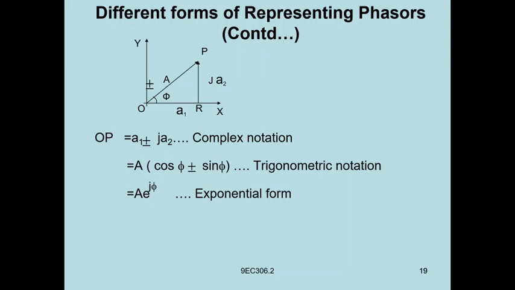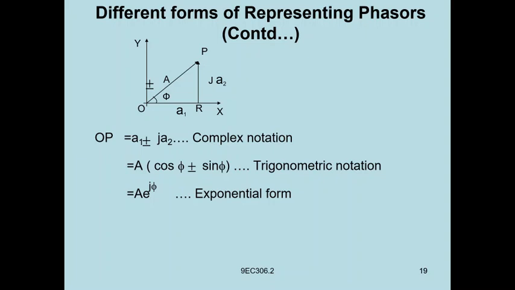See, again I am representing that. OP is the phasor that can be represented as A1 plus jA2, that is rectangular form. OP is equal to A cos phi plus j sin phi. This is trigonometrical notation.